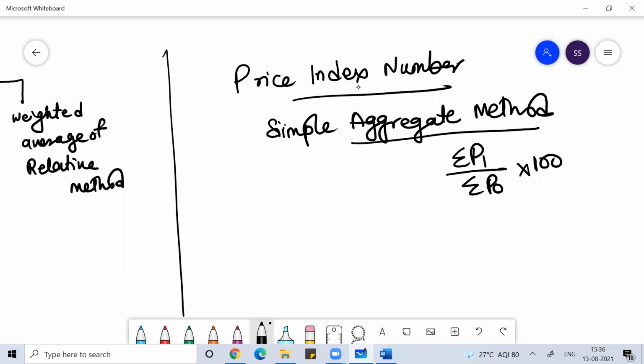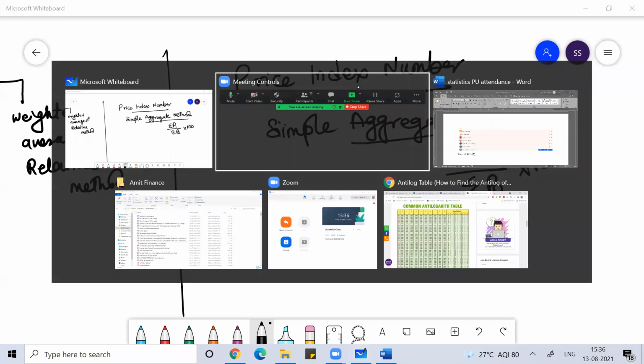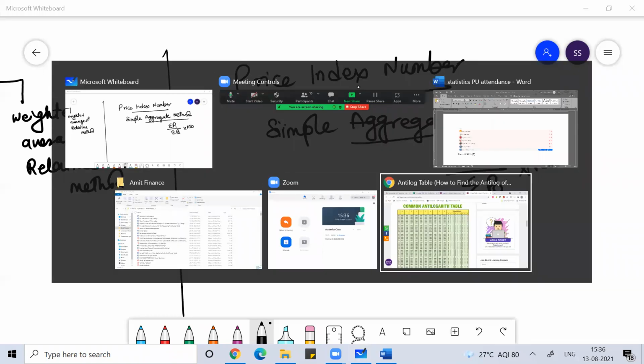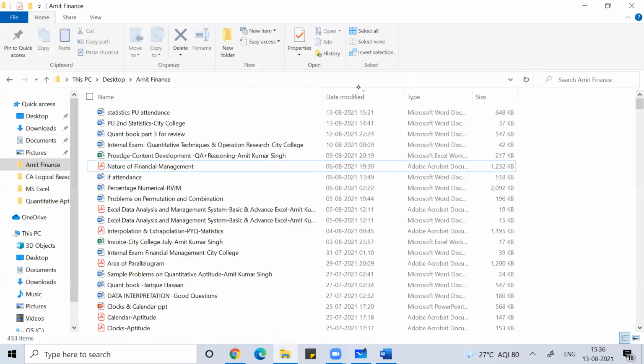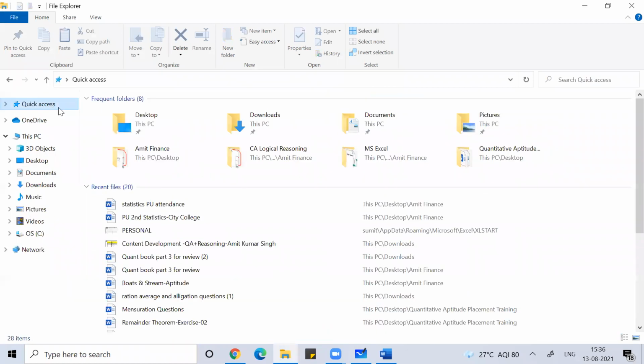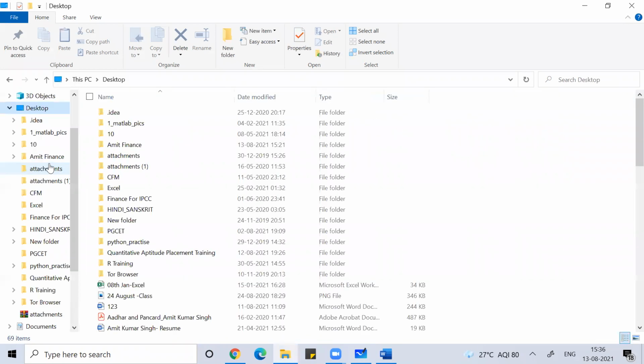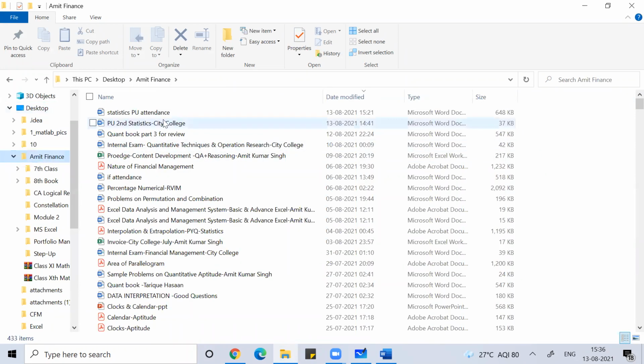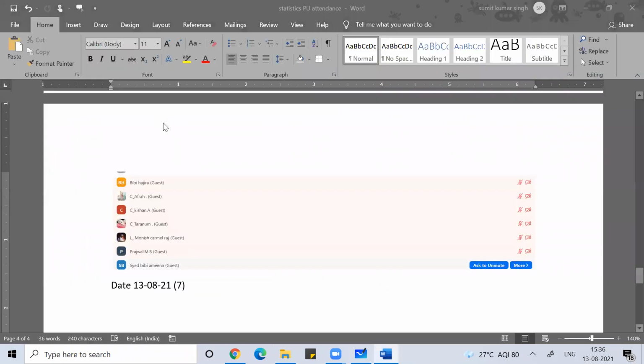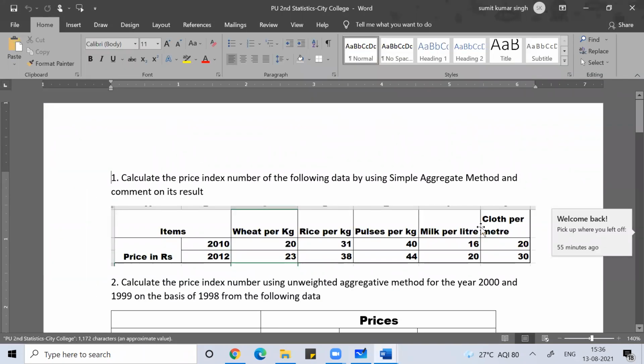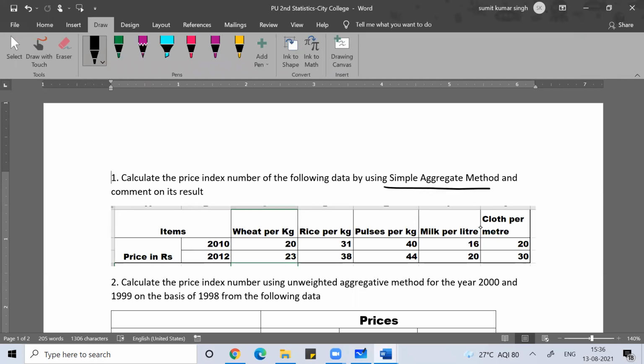The simple aggregate method problem we discussed last class. We discussed this question: calculate the price index number of the following data by the simple aggregate method.